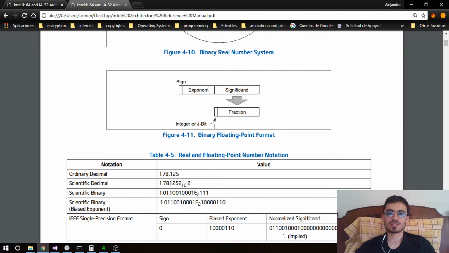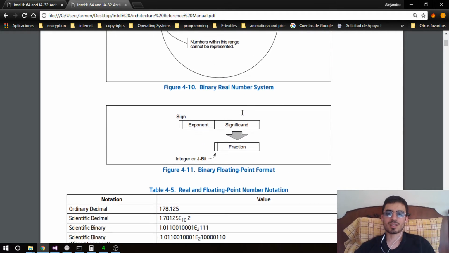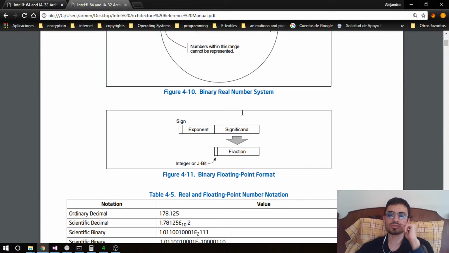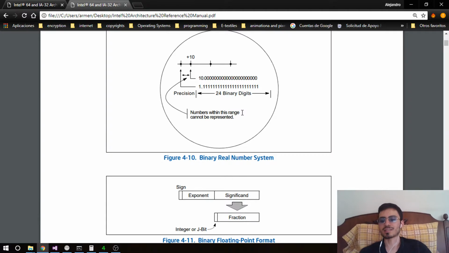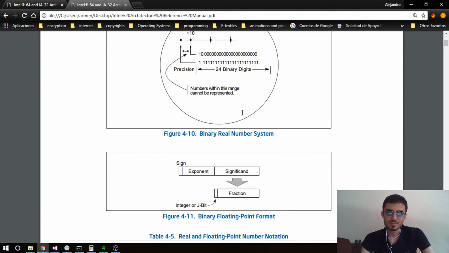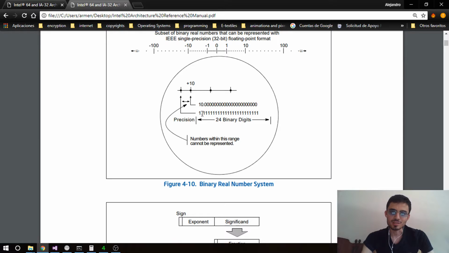And here's the J bit that's in there, and the fraction. If it's normalized, they always take the integer bit implicitly so that you don't use it, so that you have more precision, because that gives you one bit closer to the correct representation, I guess. But it's kind of tricky, because what number is this?